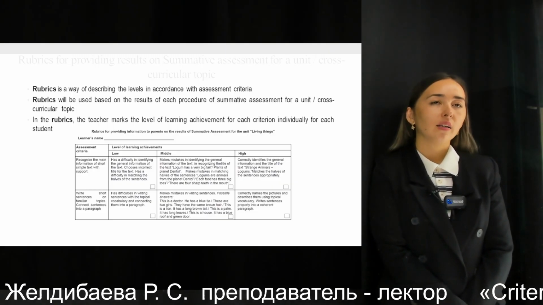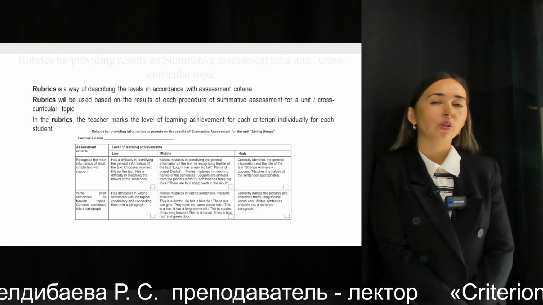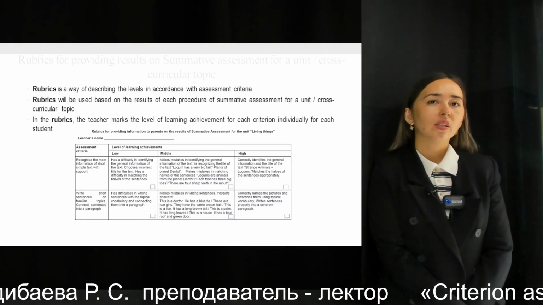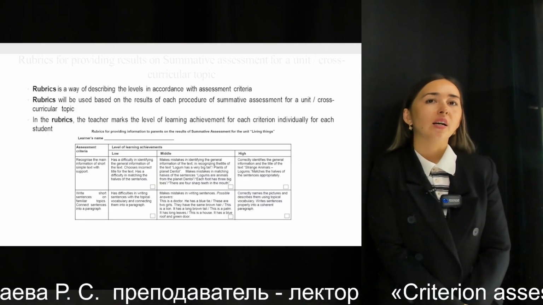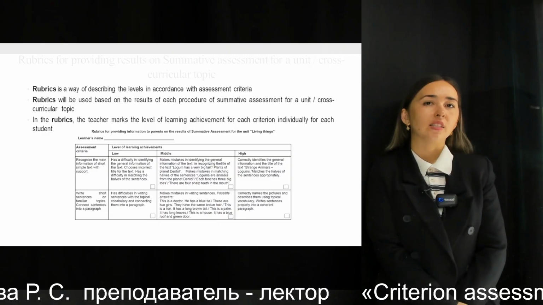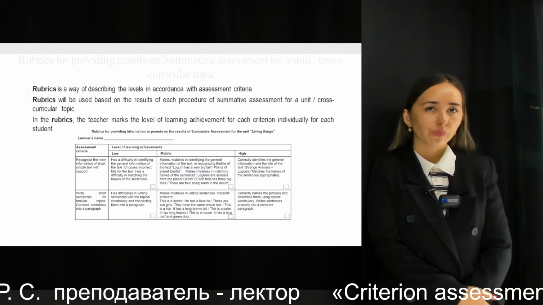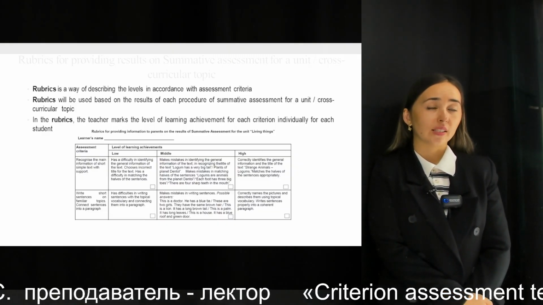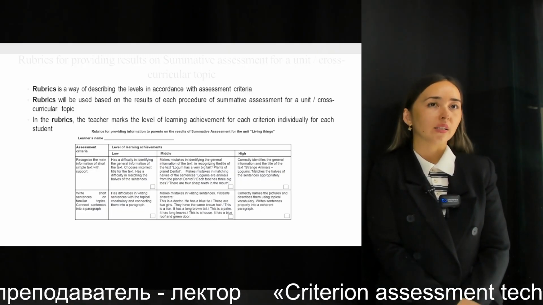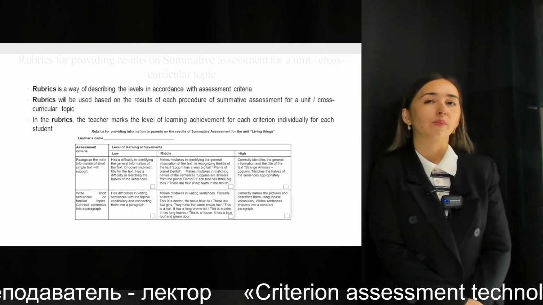And the high level of learning achievement is when the student correctly identifies the general information and the topic of the given text, or given article, for example, a scientific article.